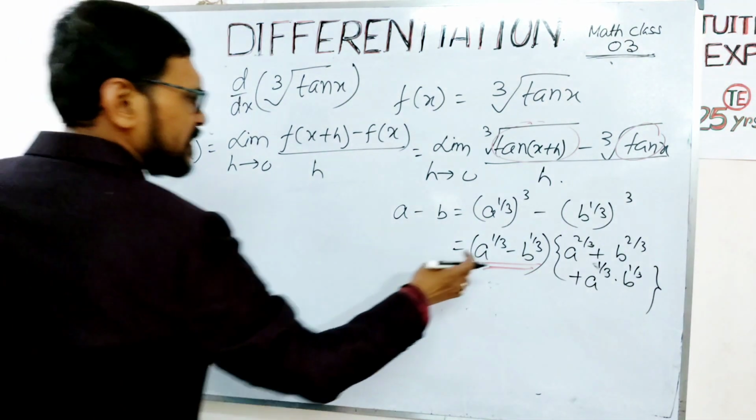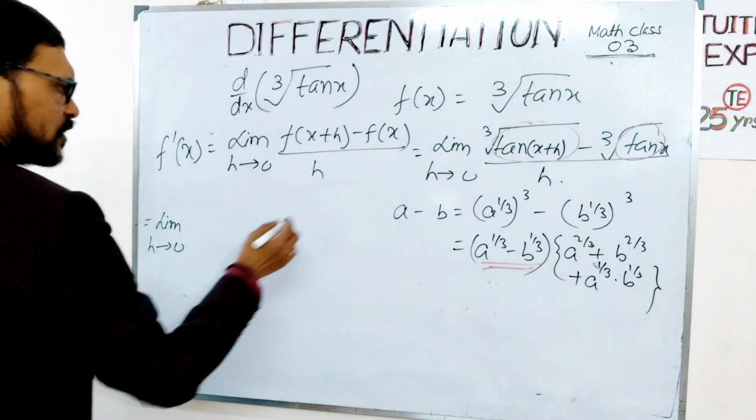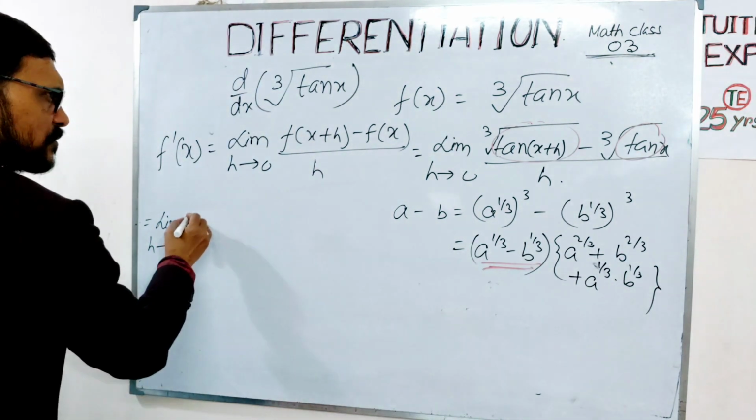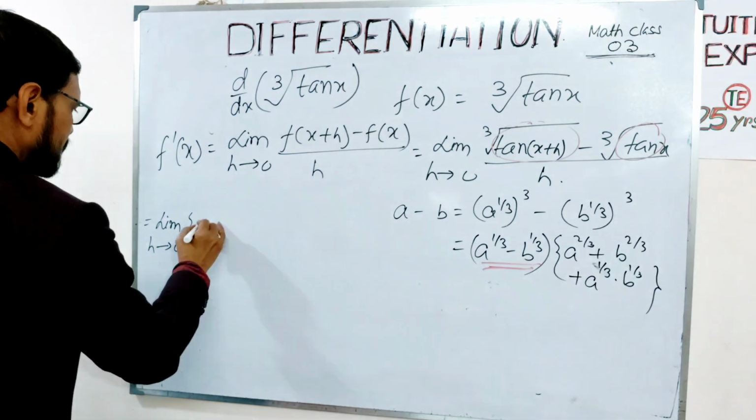We have to multiply this value in both numerator and denominator. So this was a to the power.